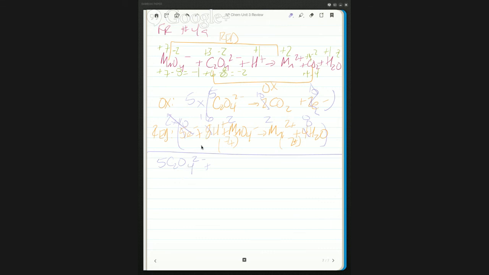So that leaves us with the 16 H pluses plus the 2 MnO4 minus yields 10 CO2s plus 2 Mn2 pluses plus 8 H2Os. And that should be our answer. Look back at the key, and sure enough, there it is.